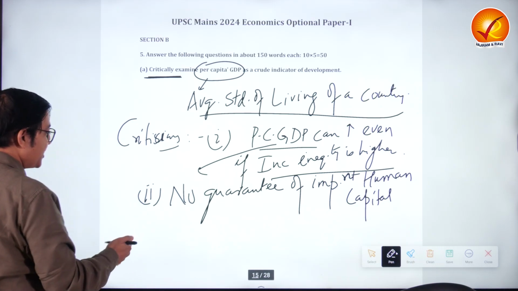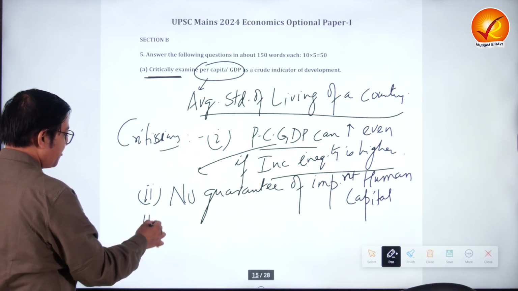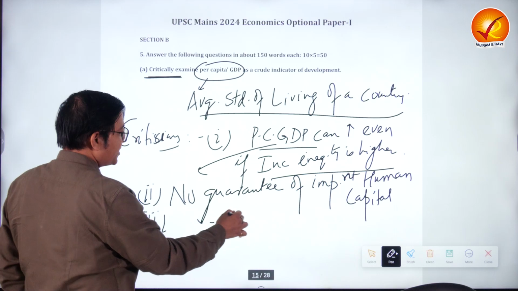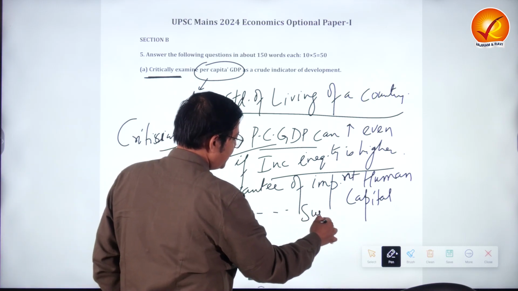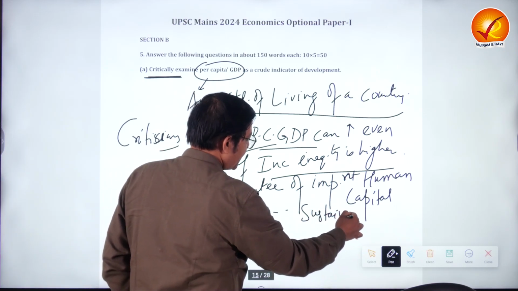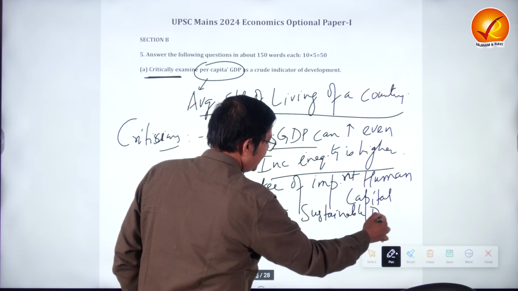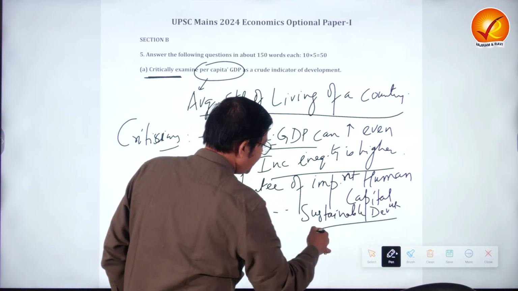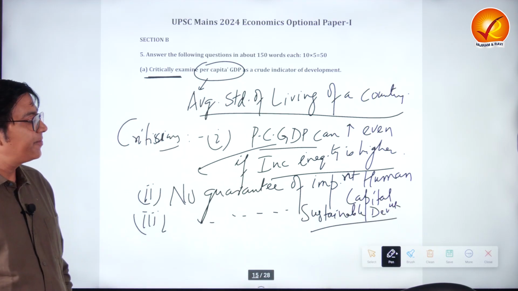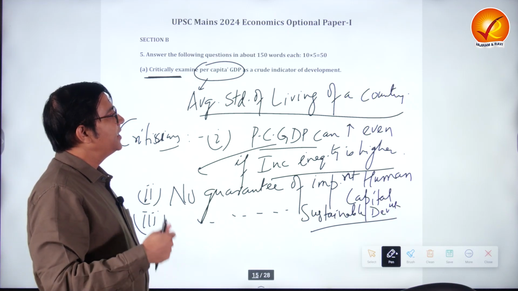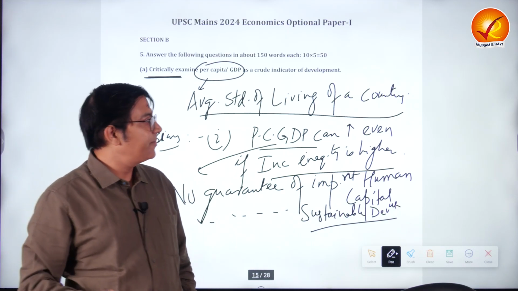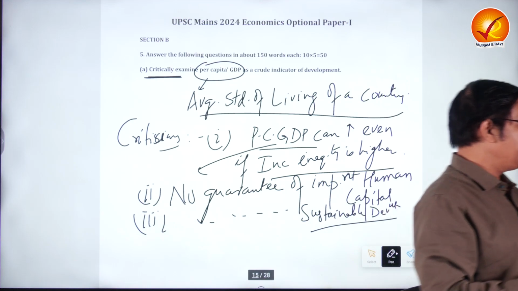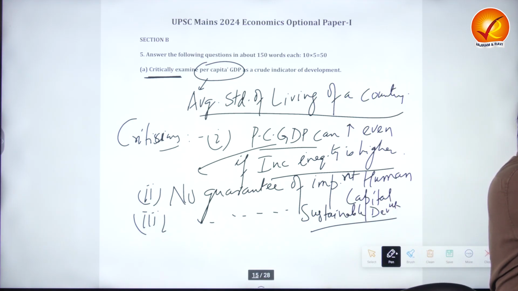In a similar way, you can bring in other things, like there is no guarantee of sustainable development. Rather, increasing per capita income is often harmful to the environment. The carbon footprint, etc., increases with higher per capita GDP, and without sustainable development, it would not be correct to talk about ideal economic development.